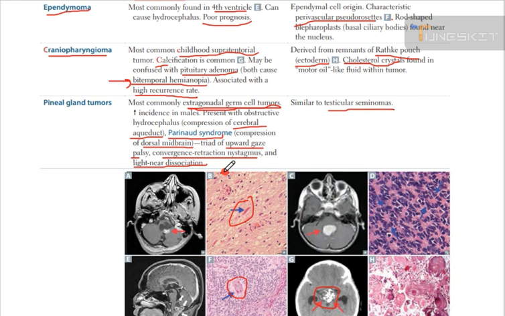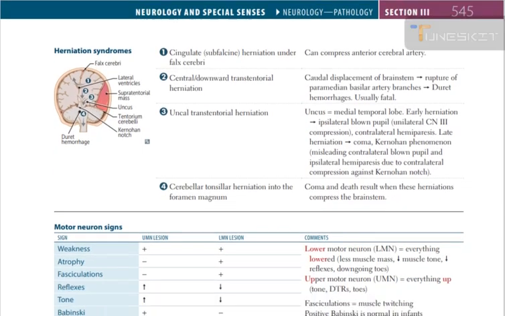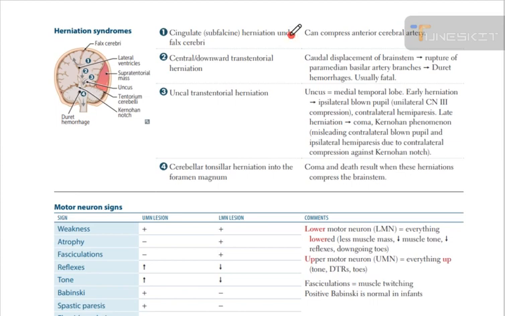So the next one is herniation syndromes. Number one is cingulate herniation under the falx cerebri, then central downward transtentorial herniation, and uncal transtentorial herniation.